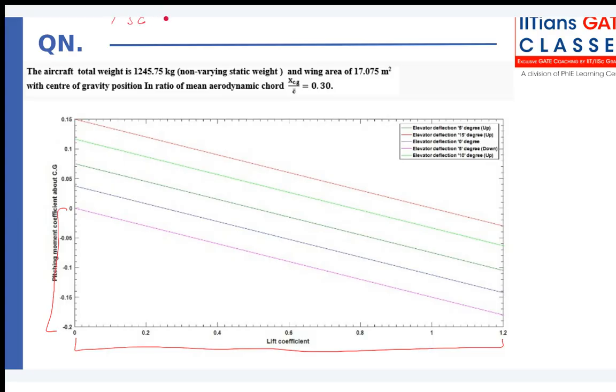So we'll take this quantity. You have minus 0.15 minus of minus 0.2 divided by how many divisions are there? There are 5 divisions. So you get 0.01. So each division corresponds to 0.01 increase.